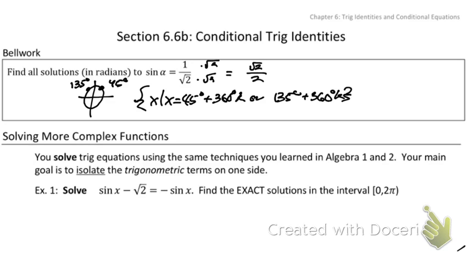29? All right, so 29 was one that you had to take out your calculator for, because they give you tangent alpha equals 5.42.